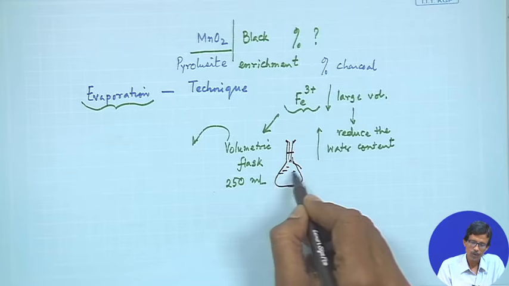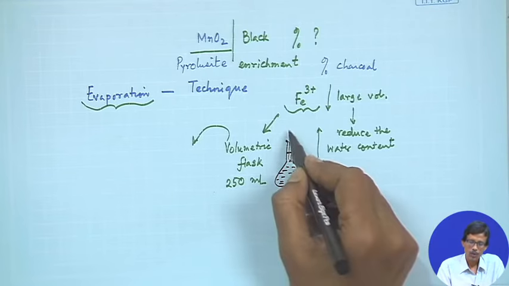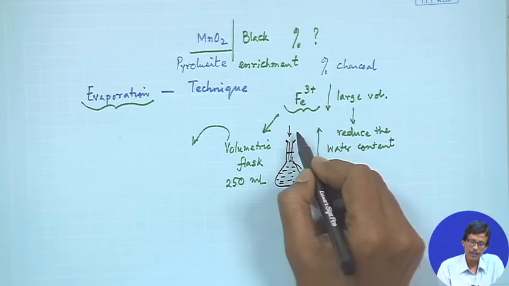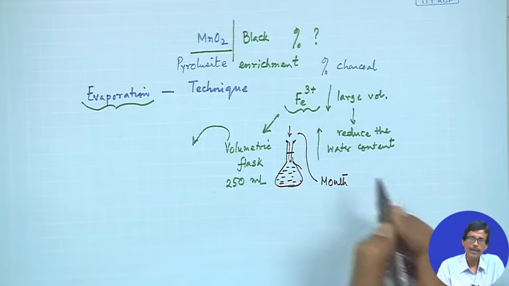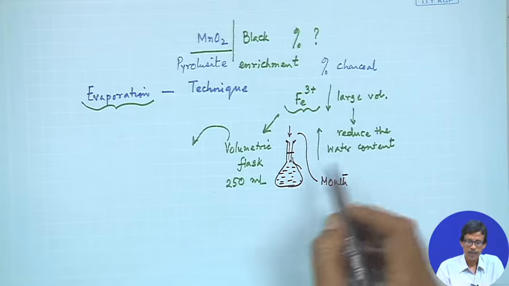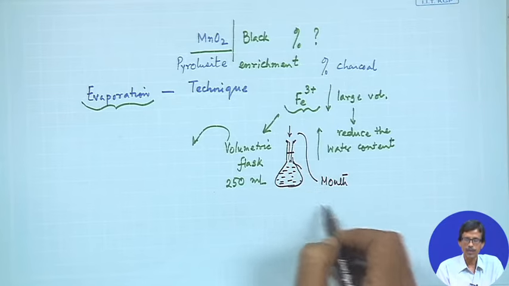This is the mouth, and the mouth is very small, and we cannot heat the volumetric flask because we can damage it if we heat it.